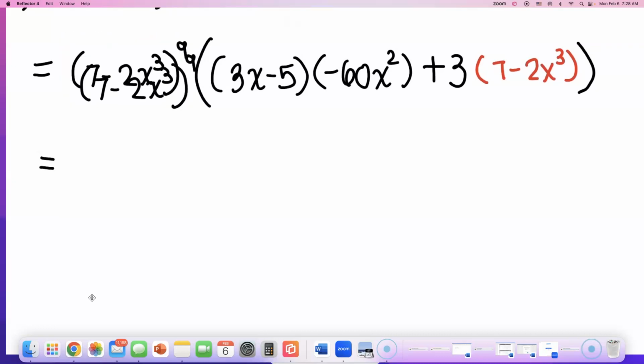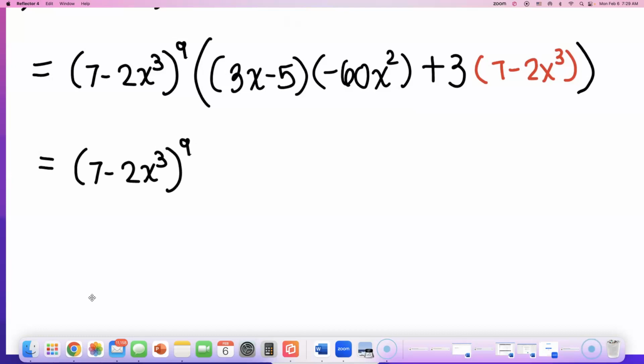So this comes down, but let's look inside this parenthesis. Let me see if distributing this negative 60 will get us anywhere. If I distribute, I will get negative 180x to the 3rd power, right? I'm just double checking.